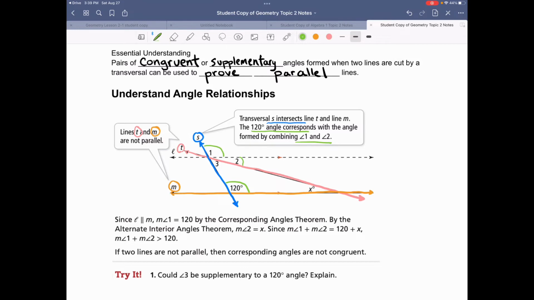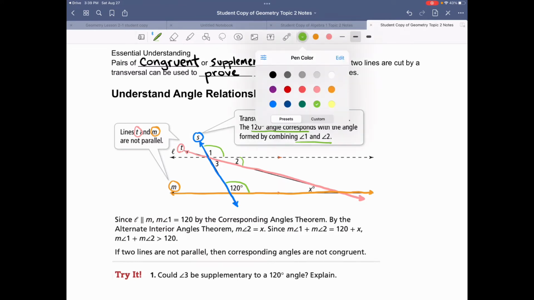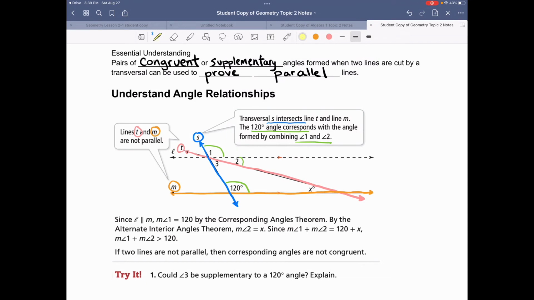And then we're going to come down here. It says since L and M are parallel, so that would require yet another color, because L and M being parallel, we have L right here. That is parallel to M. Well, since those ones are parallel, if we add that line L in there, then we can say that the measure of angle 1 equals 120 degrees.